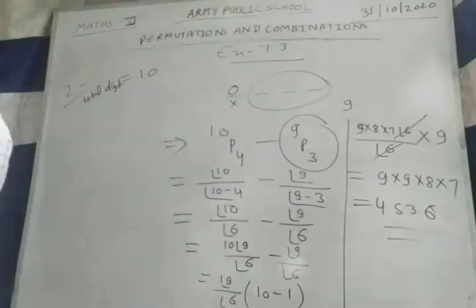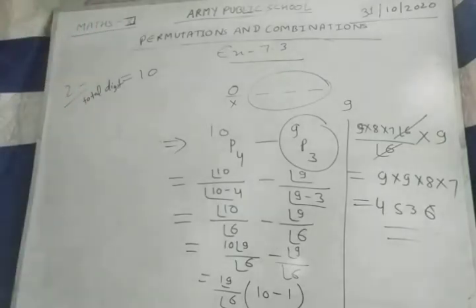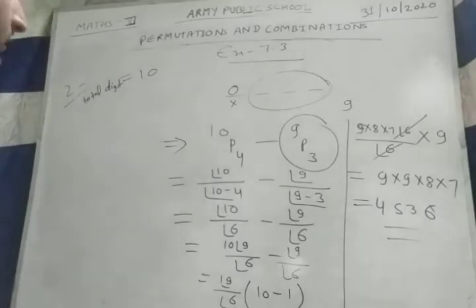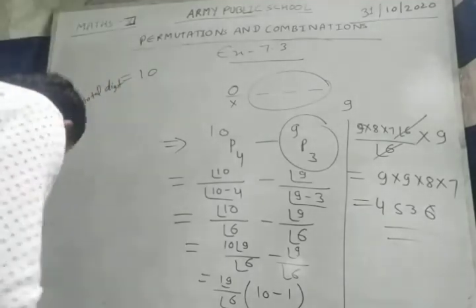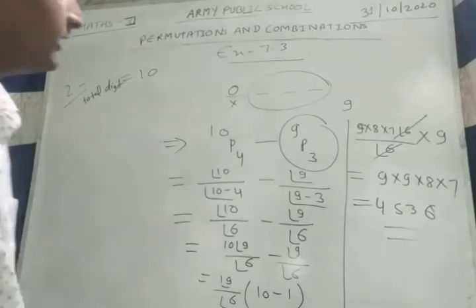We are given in this question that there are 10 digits and you have to find 4 digit numbers from the 10 digits and no digit is repeating. Okay, our question is we have to find how many 4 digit numbers there are with no digit repeated.